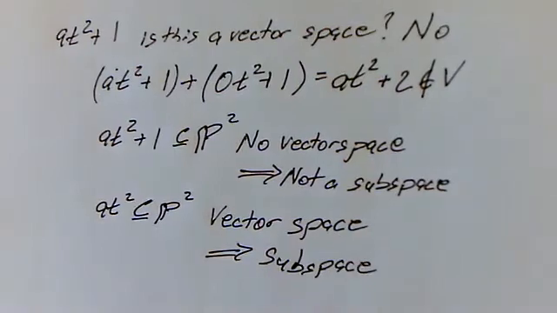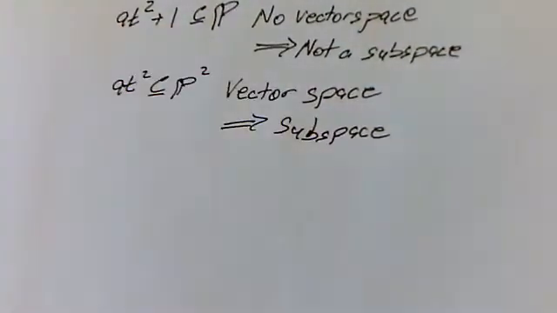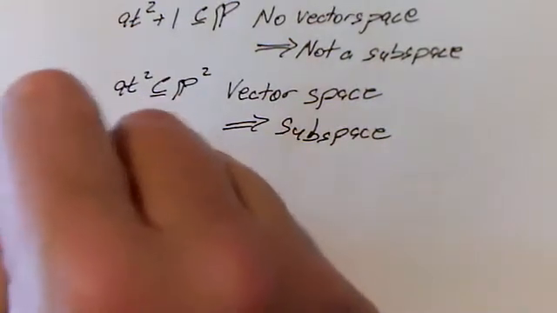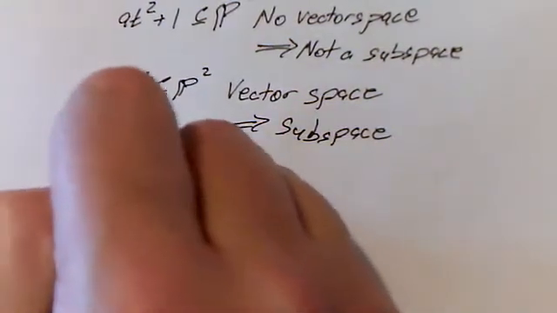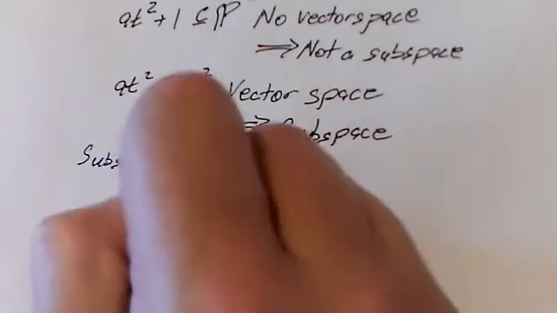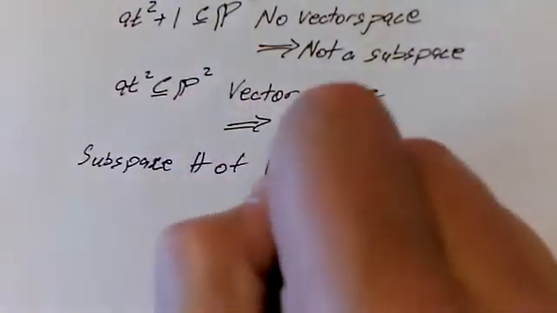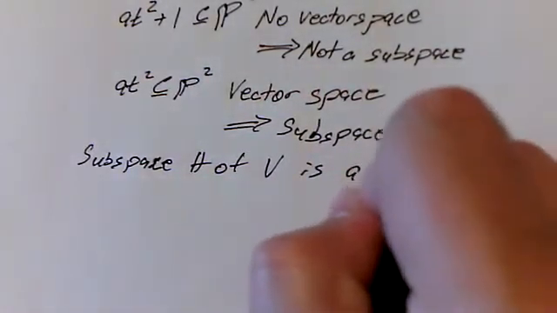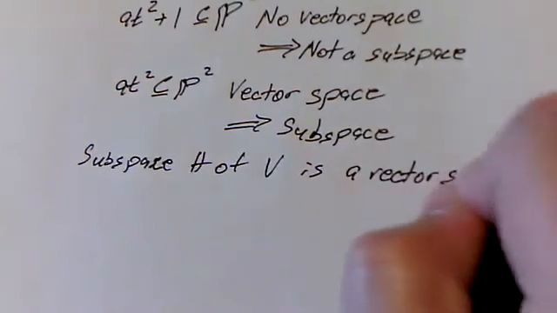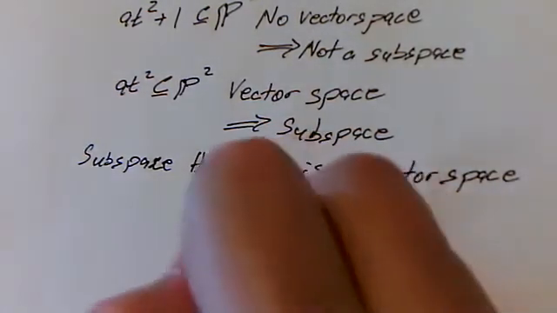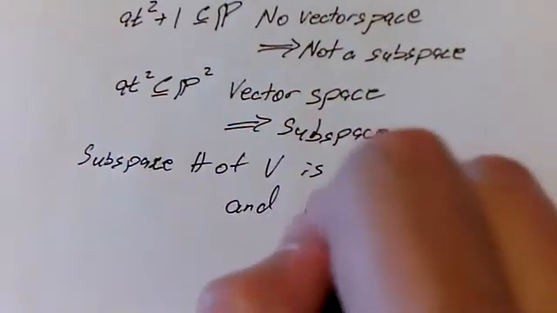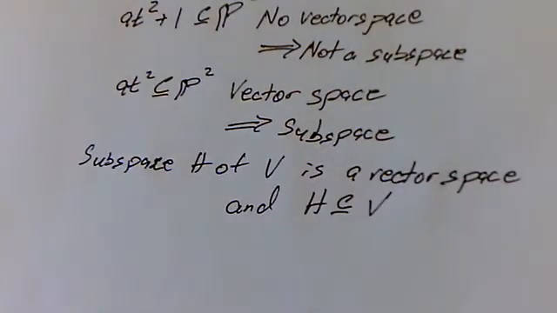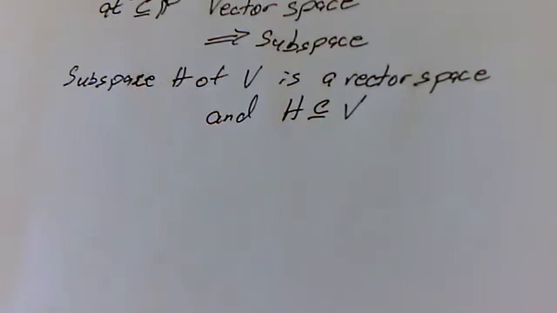Okay, now, since it's a subset, we can boil down those 10 conditions. Simply put, a subspace H of V is a vector space and H is a subset of V. Those are the two big overarching criteria.